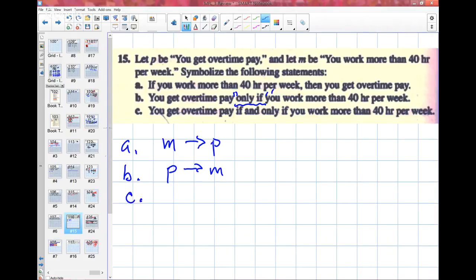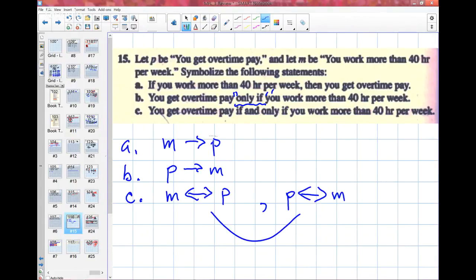In part C, oh, if and only if. So now it's the double-sided arrow. And by the way, that one could be written this way. I mean, these two are the same.